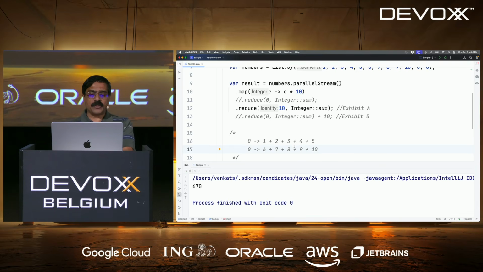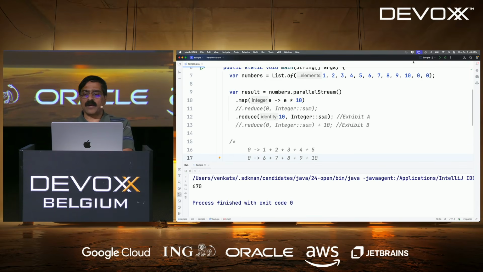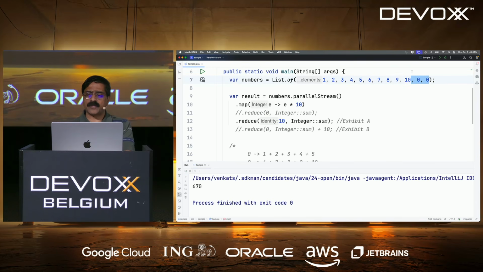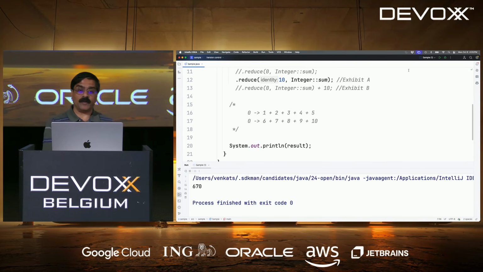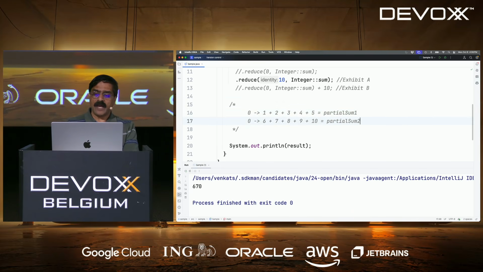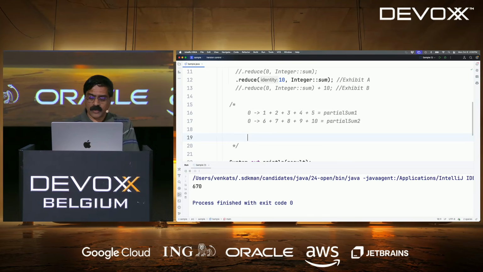So it's going through the 2 in parallel, right? Not considering these zeros, if you will. Just as an example. So it's working through those 2. And this gives you partial sum 1, and this gives you partial sum 2. And then it takes these 2 partial sums and totals them using a 0 again. So 0 plus partial sum 1 plus partial sum 2.